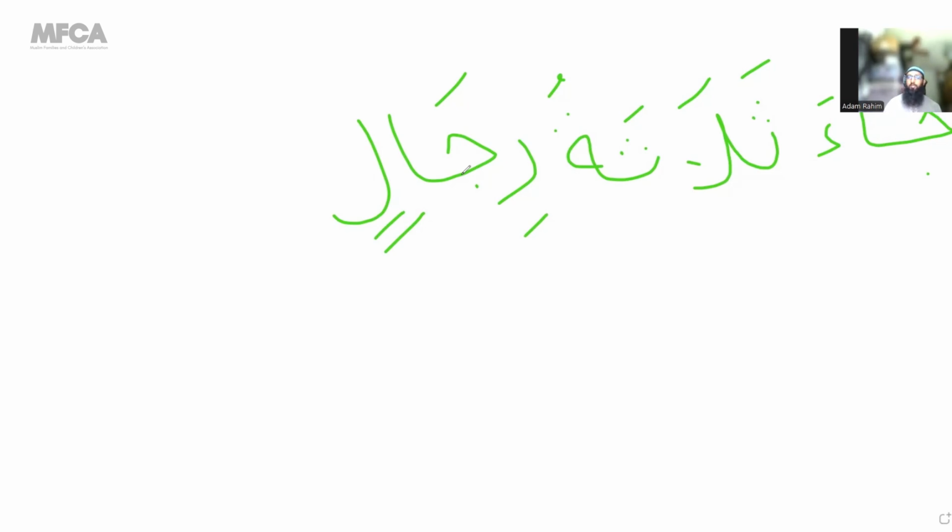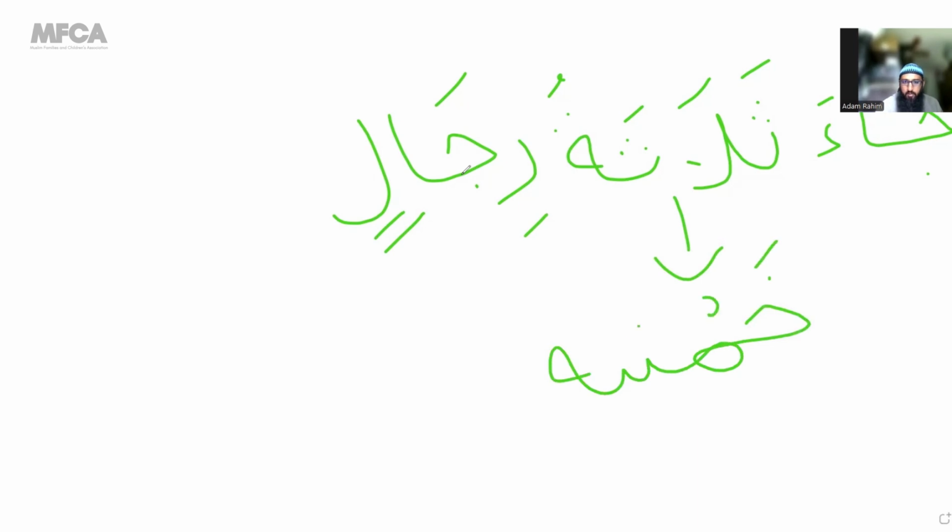Like I said, 3 through 10 will be operated in the same manner. So you could just substitute this number ثلاثة for خمسة. You can substitute it for ستة. You can substitute it for سبعة, ثمانية, تسعة, عشرة. Across the board, it will be the same. جاء 3 رجال, جاء 4 رجال, جاء 5 رجال, etc.